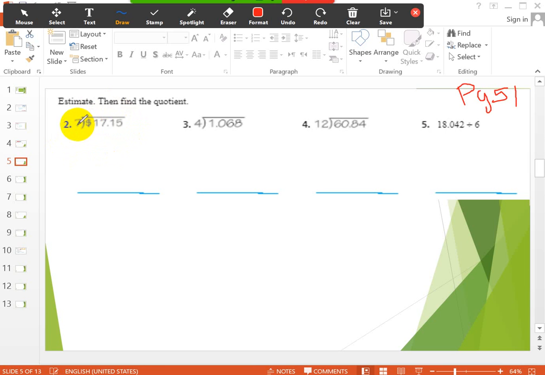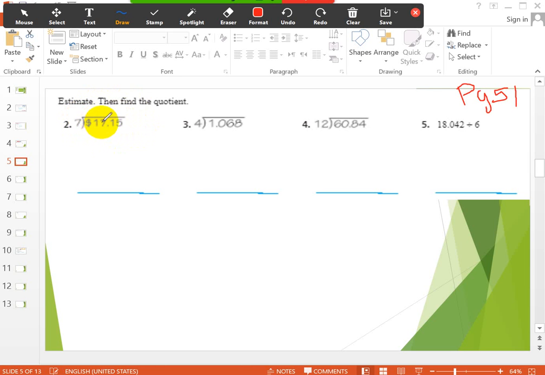What I mean? Look, in exercise 2, I want to divide 17.15 hundredths on 7. So I want to round this number into the nearest number I can divide on 7.